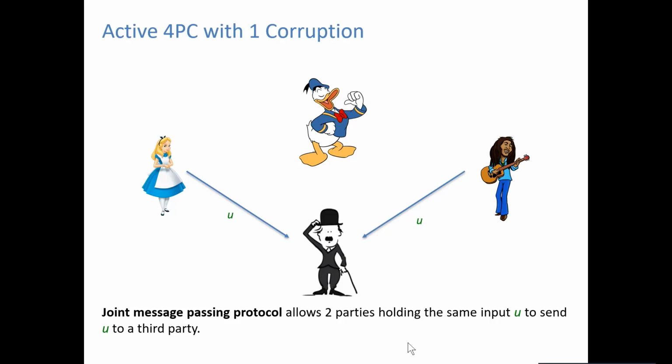Let's say that Alice and Bob are trying to send this message that they know, the value U, to Charlie. And if by the end of the transmission the 3 of them agree, okay, the transmission was successful, everybody agrees that all parties followed the protocol execution for that message transmission.